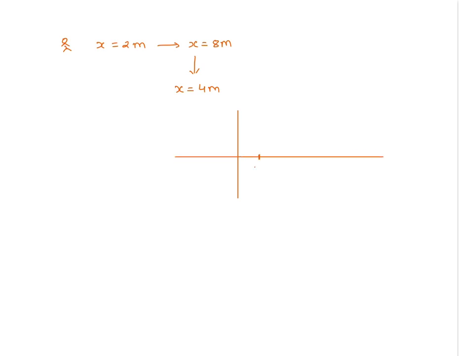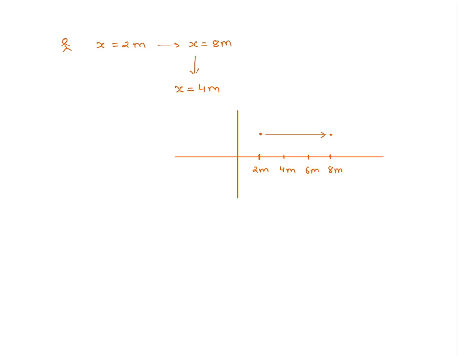Let this be x is equal to 2 meter, 4 meter, 6 meter, 8 meter. Initially, the man was at x is equal to 2 meters. So this is the initial point or the starting point. And then he moves to x is equal to 8 meter. So he moves in this direction.